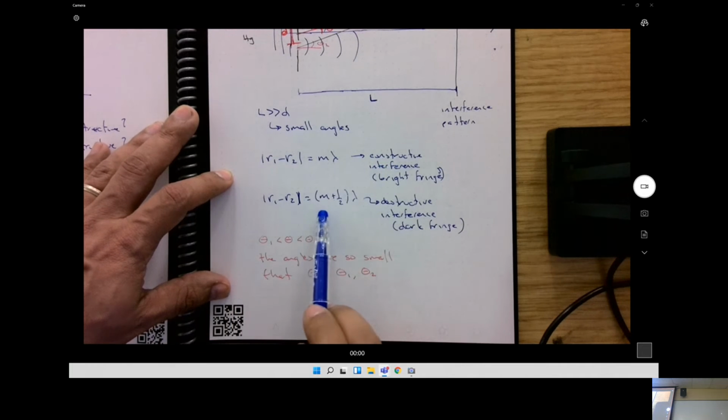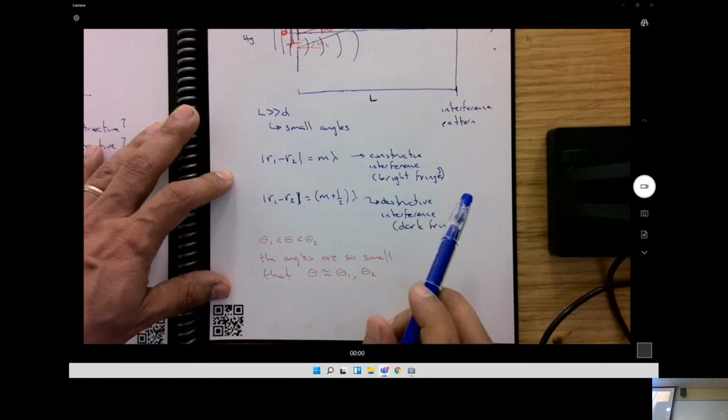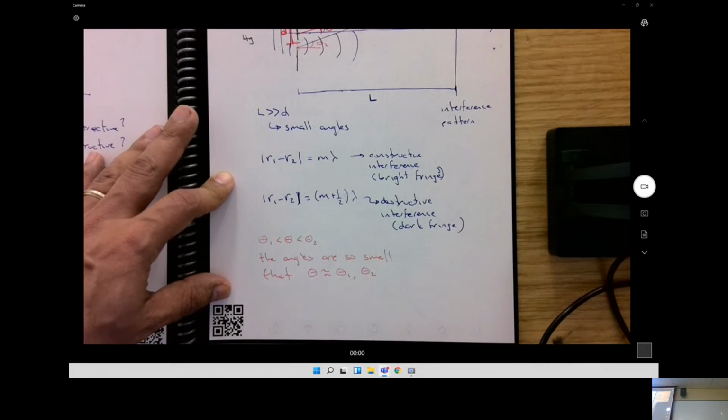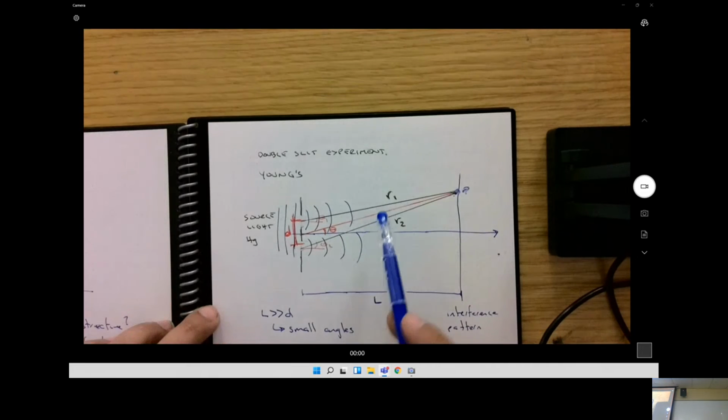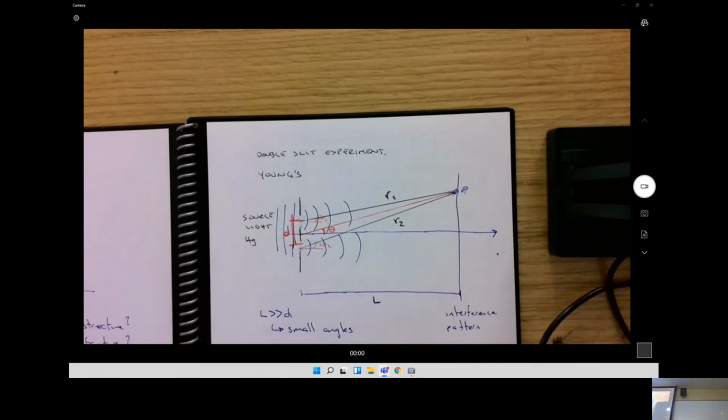And if it's n plus 1/2 of lambda, then it's going to be destructive. The problem is that R1 and R2 are very similar to each other, so it's really hard to find that difference. So we're going to use the small angle approximation and do a couple of tricks with geometry to find that difference.